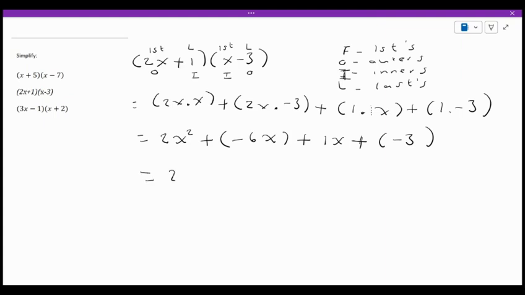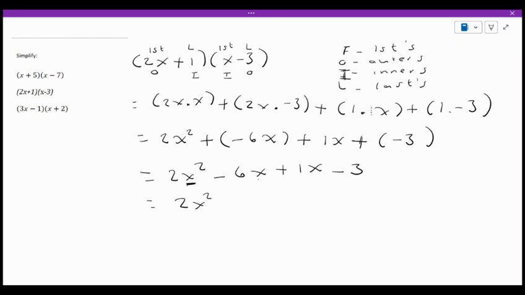Then we go ahead and simplify. A plus and a negative gives us a negative. Plus and a negative gives us a negative. So we go ahead and simplify that again. So that's 2x squared. Now we should look for like terms.